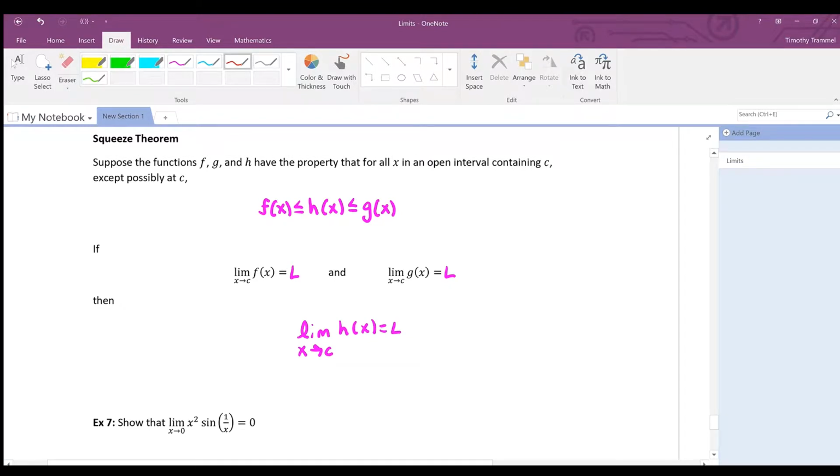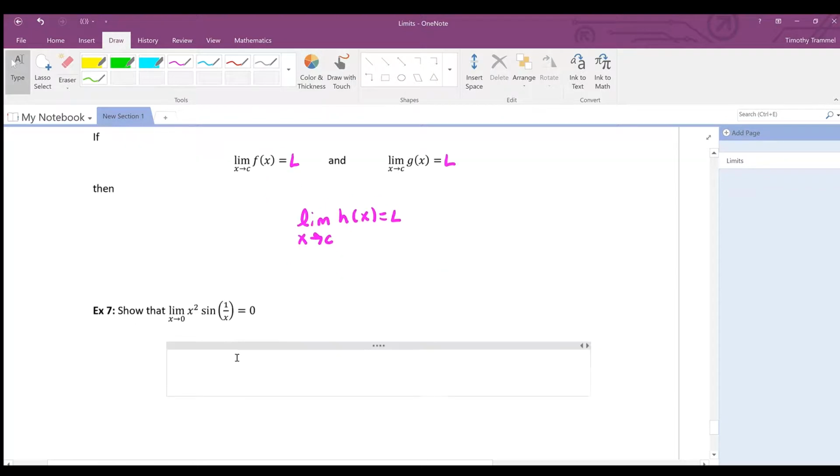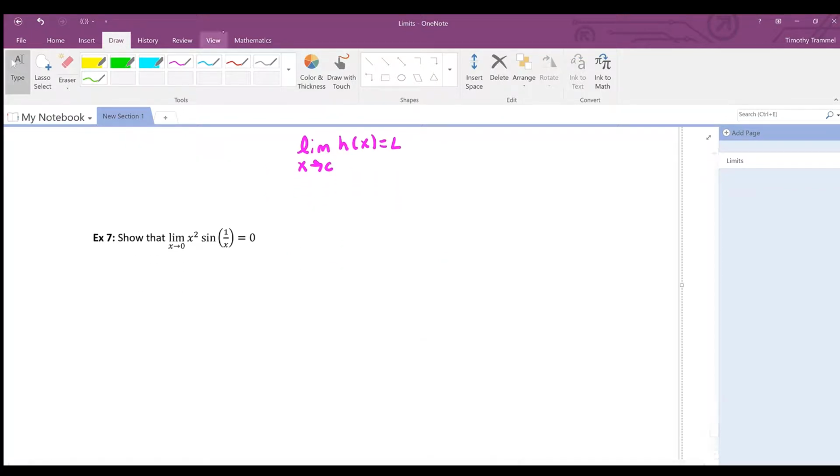All right, let's try and apply the squeeze theorem here. Sine of 1 over x we know is between minus 1 and 1. We could take this inequality and multiply by x squared.